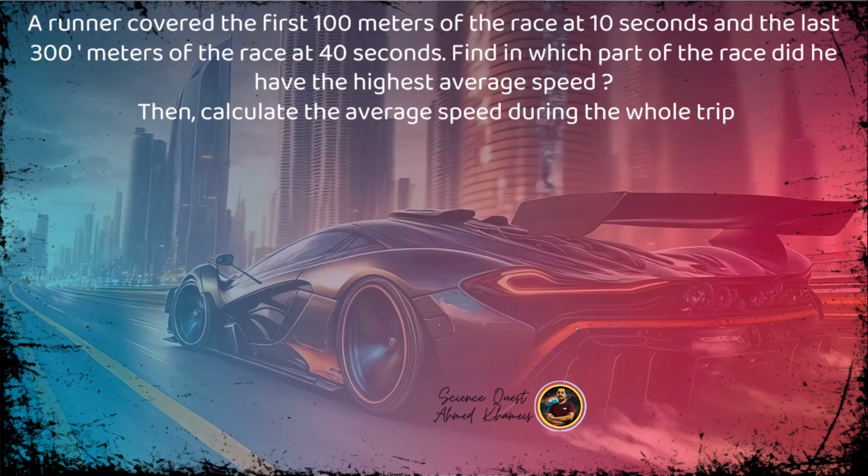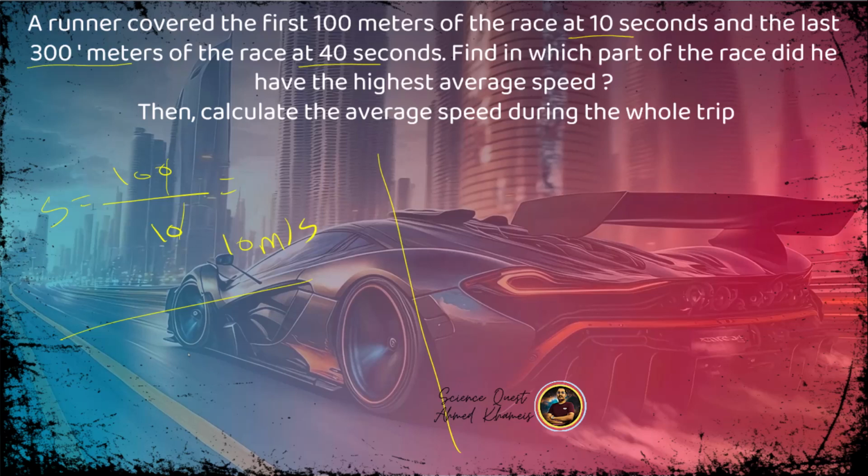A runner covered the first 100 meters of a race in 10 seconds, and the last 300 meters he took 40 seconds. Find which part of the race had the highest average speed. The speed in the first 100 meters is 100 over 10, equals 10 meters per second.